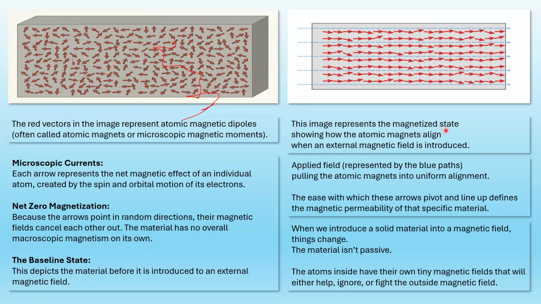This image represents the magnetized state showing how the atomic magnets align, because atoms can be compared to miniature magnets, right? And they would have north and south, so they will have vectors pointing north and south, or the force.